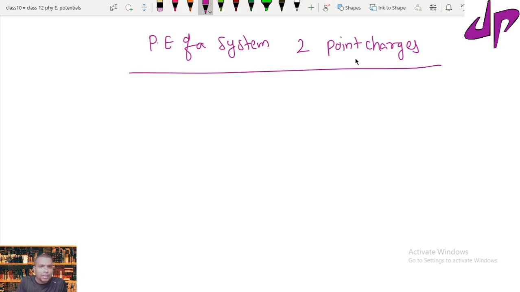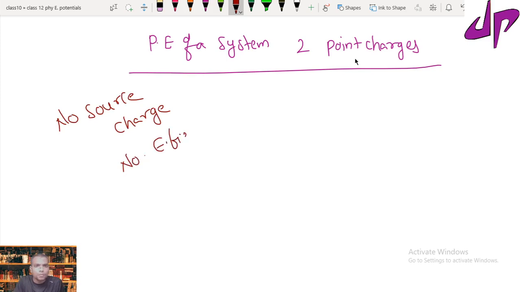Initially there is no source charge. That is a crucial point. If no source charge, no electric field. If no electric field, there is no opposing force.